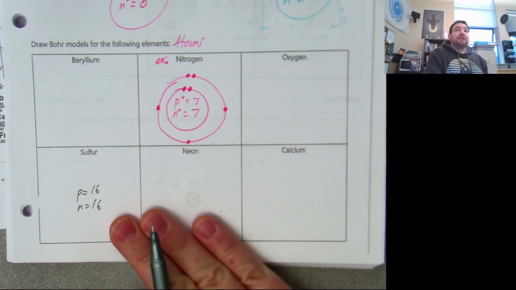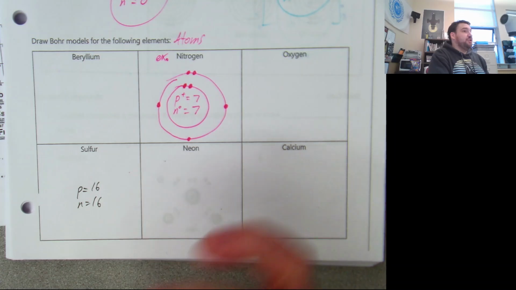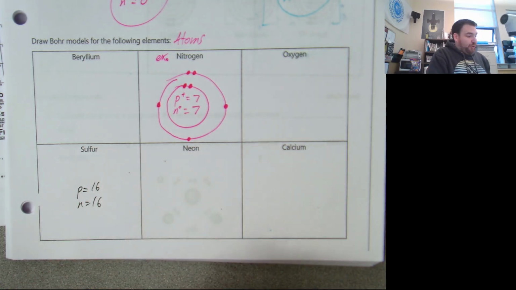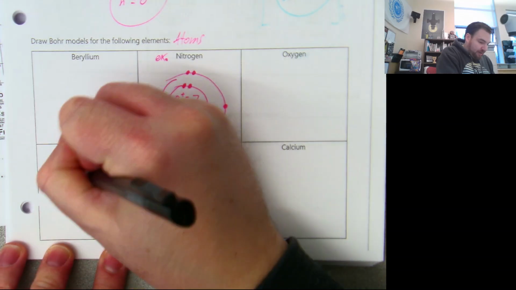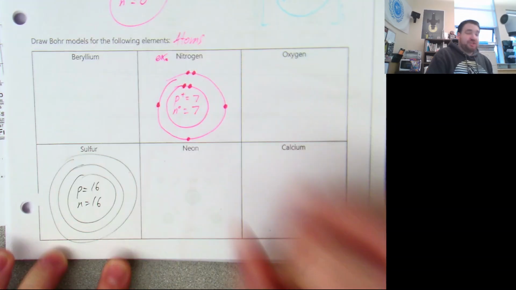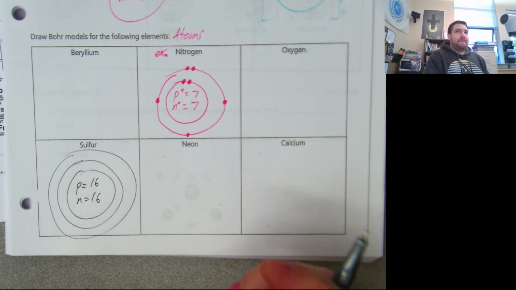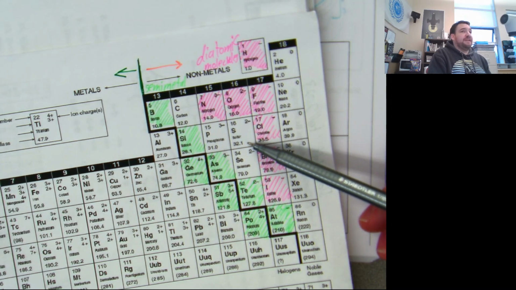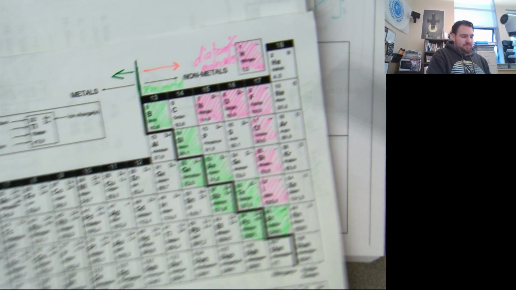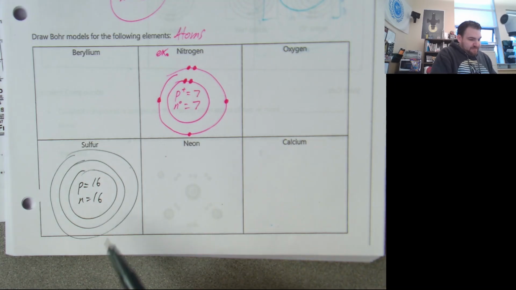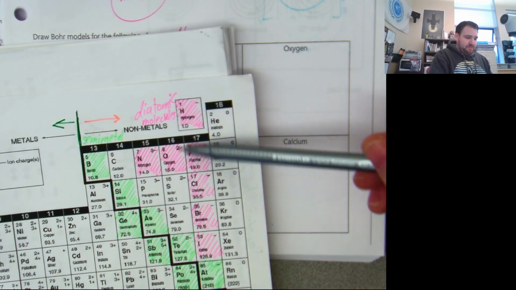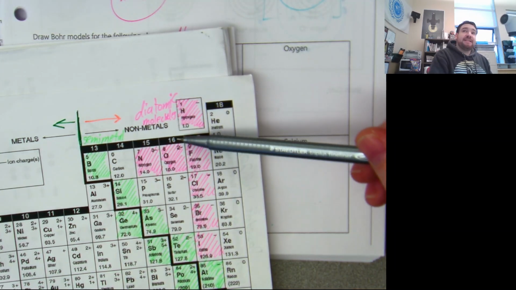Because we're drawing an atom here, the shortcut will let us say, okay, we're in row 3, so we need to have 1, 2, 3 shells, and we can put those down immediately. And then when we take a look at the group number here, it is 16.